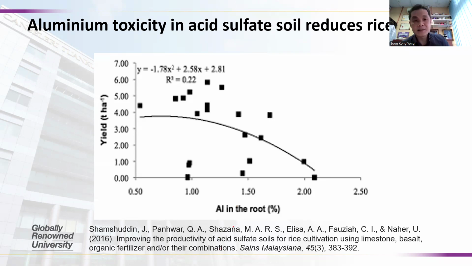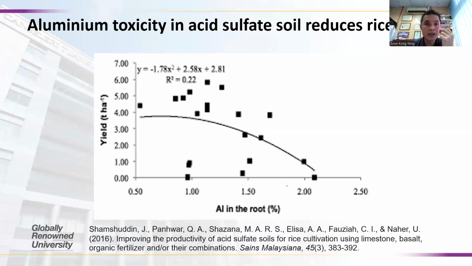So you can see that the yield of this paddy plot comes down as the aluminium is increased. That shows you that in acid sulfate soil, there would be a net increase of the aluminium in the root, and that disrupts the ability of the plants to grow well.